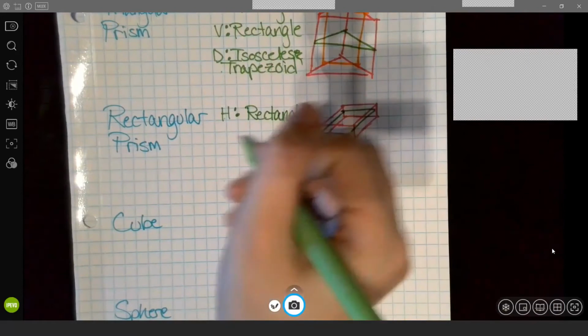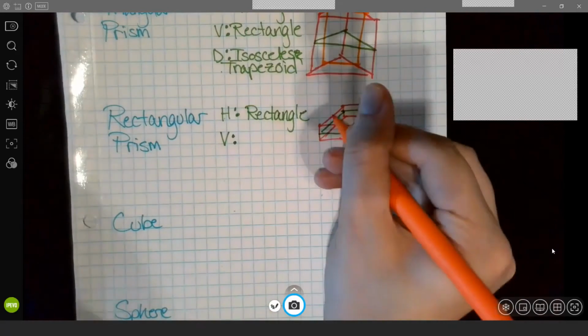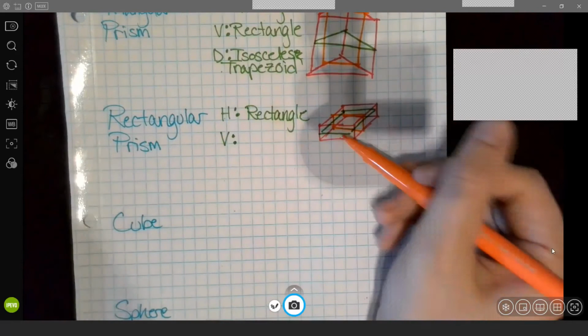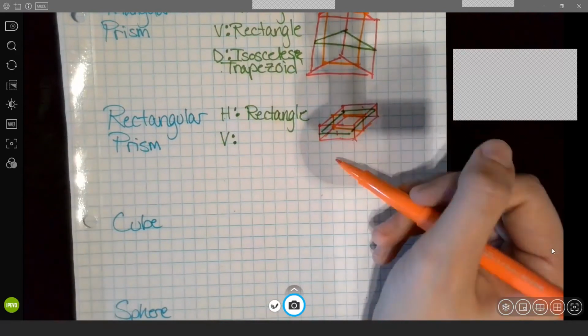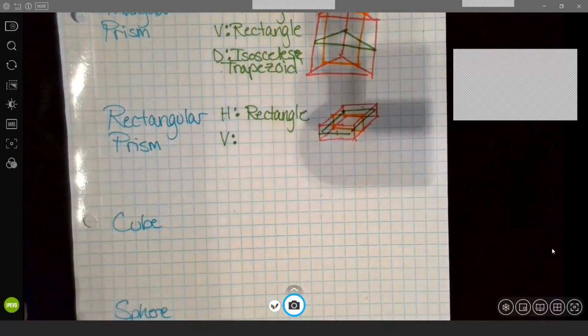If I cut vertically through this shape, since my front and the back of this shape are rectangles, that means you would get another answer of rectangles for your cross section.